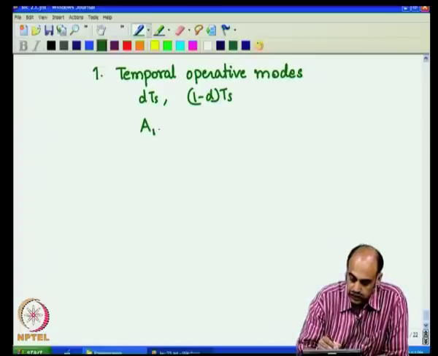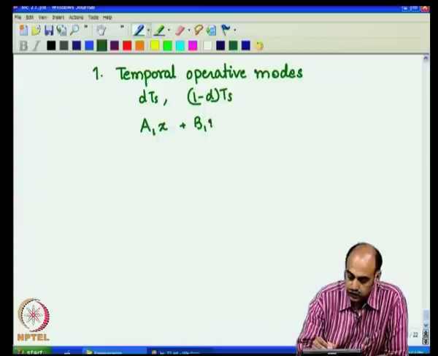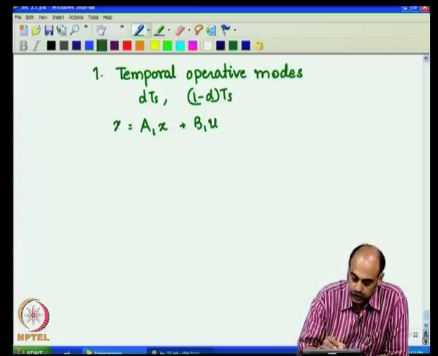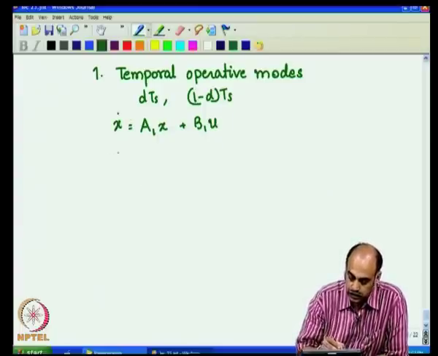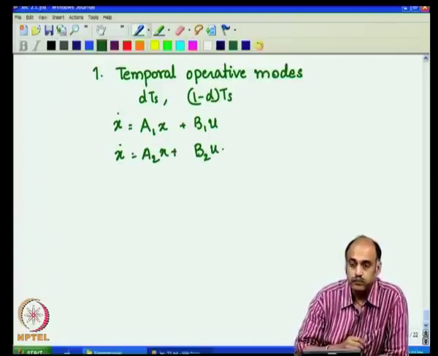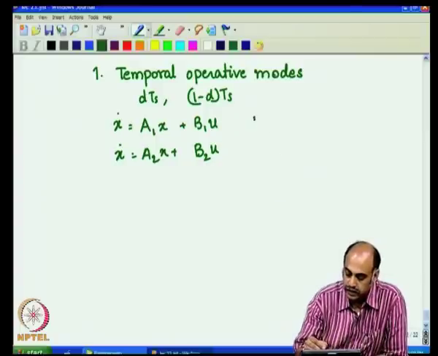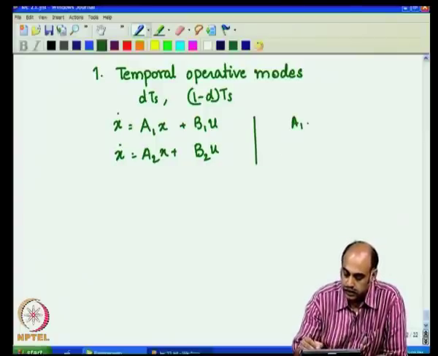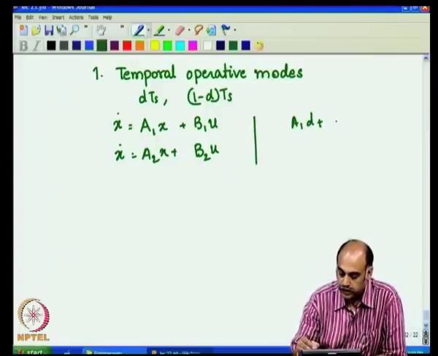That is, you will have A1 x plus B1 u, and that would be x dot, and then you would have A2 x plus B2 u. Then you can combine them by making an averaging in this fashion.